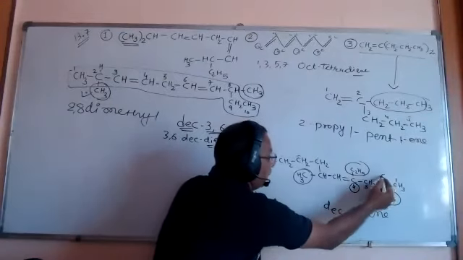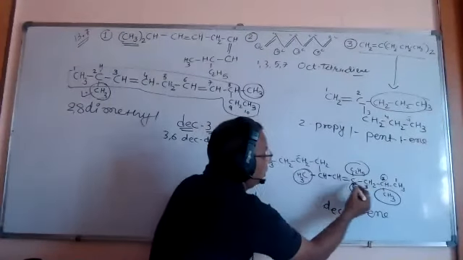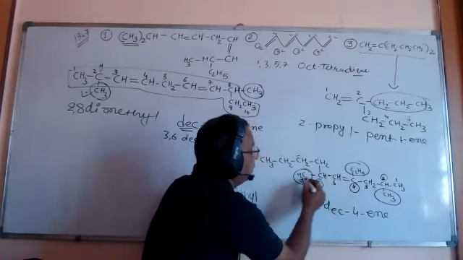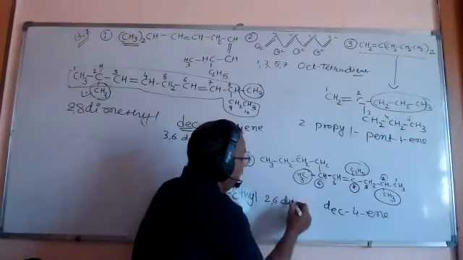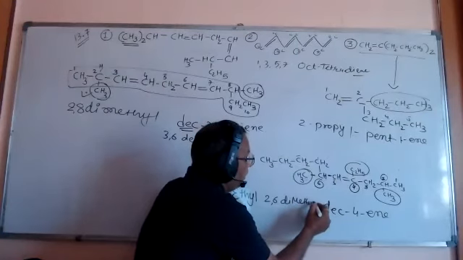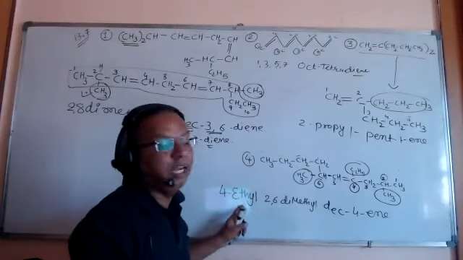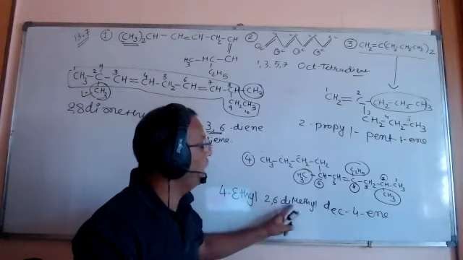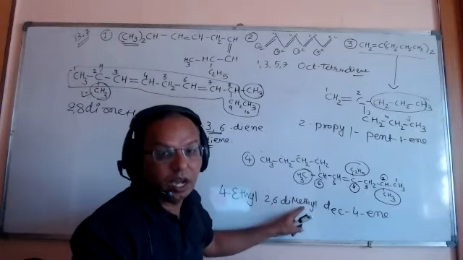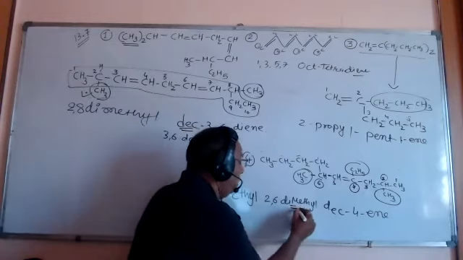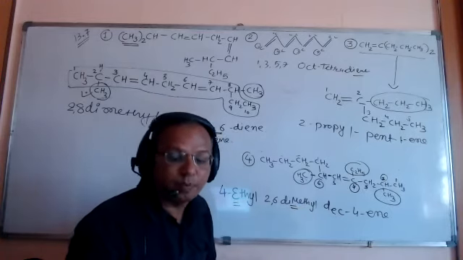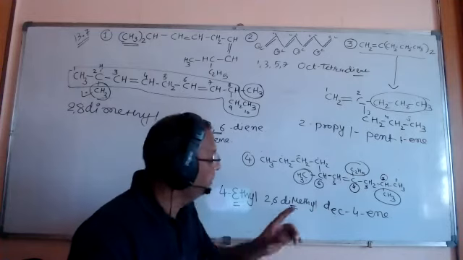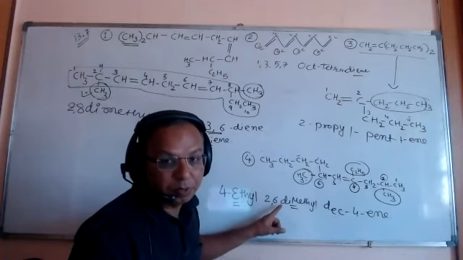Okay, on second carbon, and this is third, fourth, fifth, and sixth. Sixth carbon, this is a branch. So 2, 6 dimethyl. I repeat, friends, please concentrate. 4 ethyl is mentioned first, 2, 6 dimethyl is mentioned afterwards, because methyl starts from M, ethyl starts from E. As per IUPAC nomenclature rules, di is a prefix.